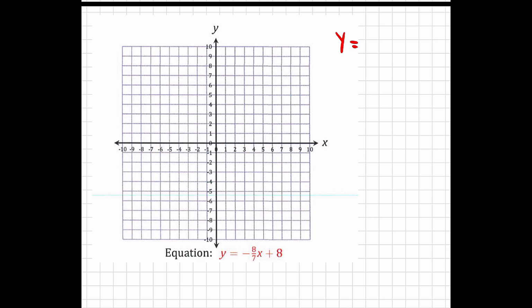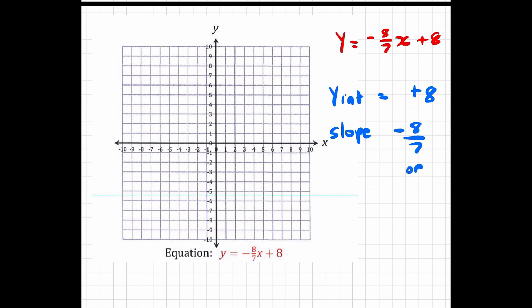Y equals negative 8 over 7x plus 8. So a couple things. What is the y-intercept? Well, it equals positive 8. What is the slope? The slope is negative 8 over 7. So it's a negative slope, which means, or it can be positive 8 over negative 7. Just one of those needs to be negative and the other one needs to be positive.